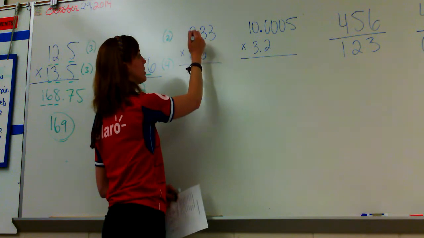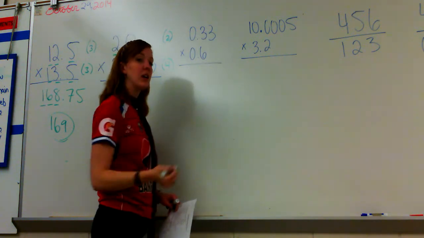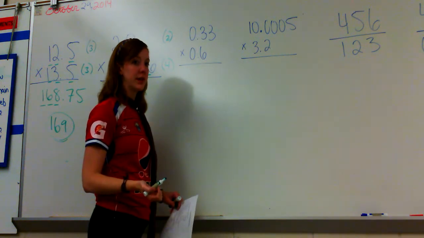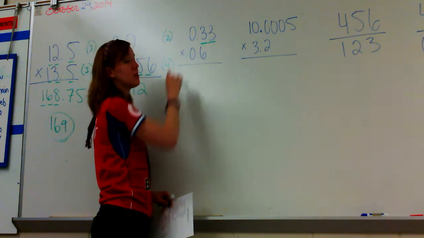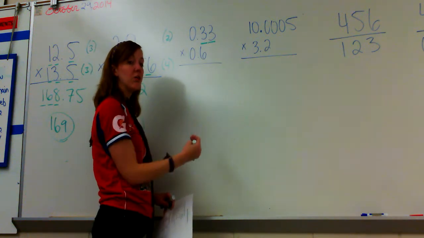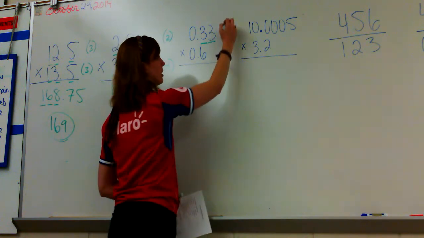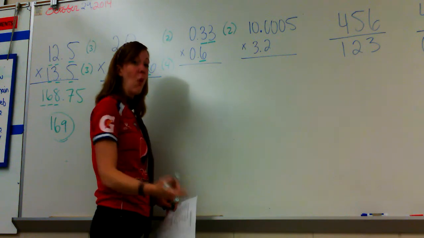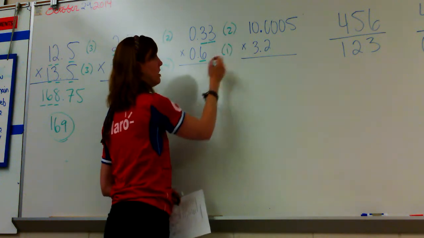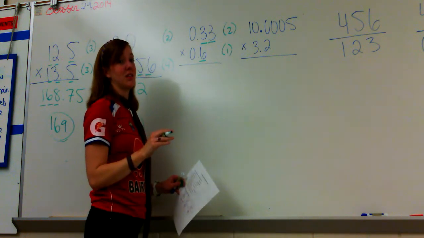Over here, 0.33. How many significant digits is that? The 3's are significant, but the 0 at the beginning of a number is not significant. So that's only 2. Well, that means there's only 1 significant digit there. That's very imprecise.